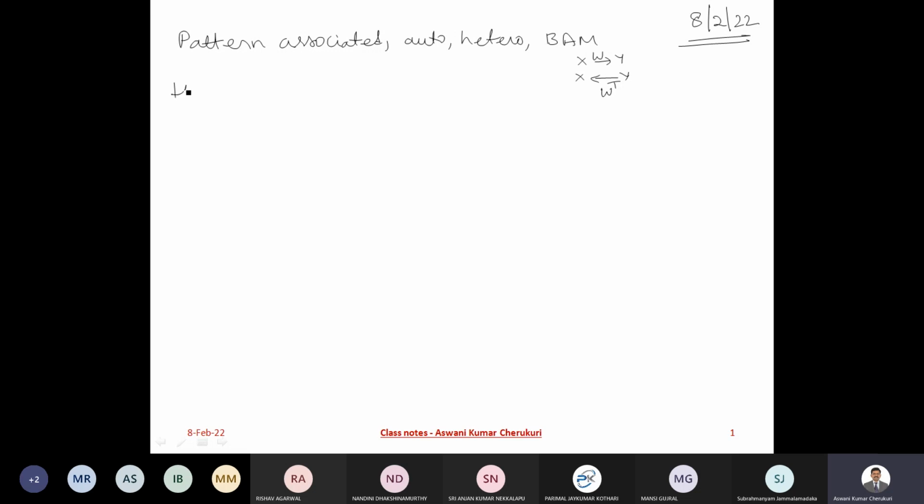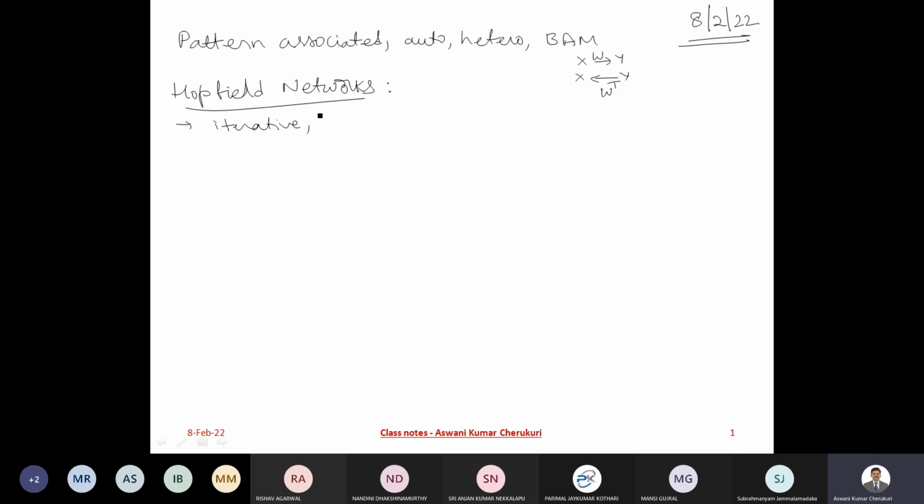Next, we continue with our discussion with the next set of networks called Hopfield networks. The Hopfield network, number one, is an iterative network.